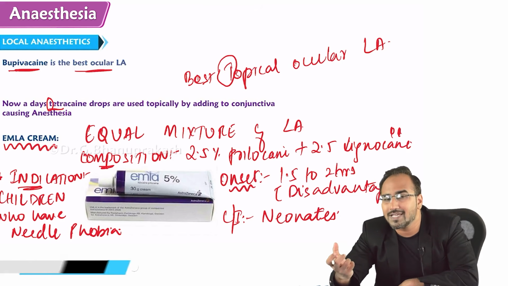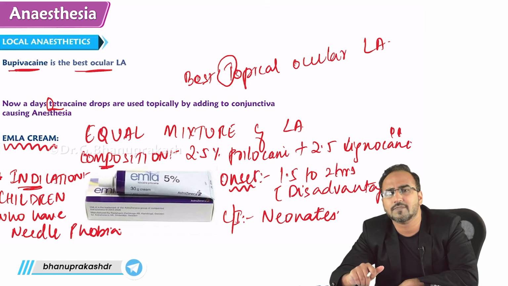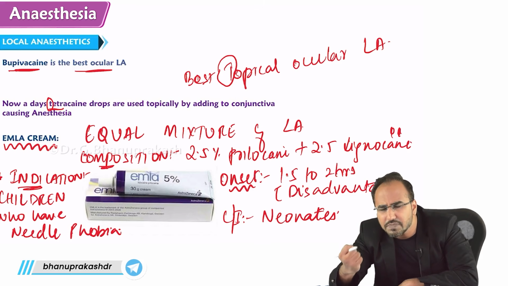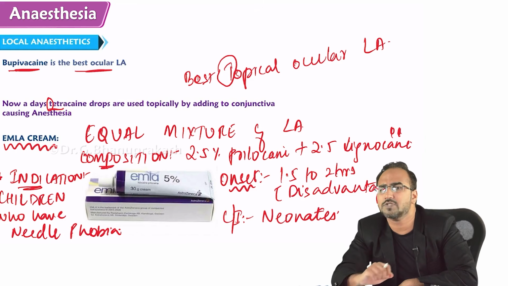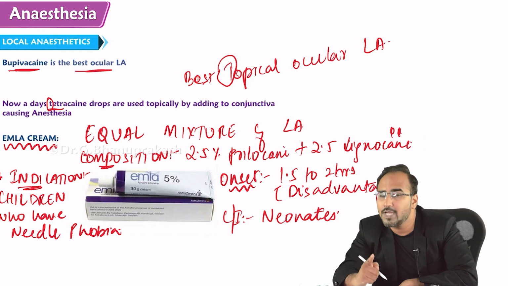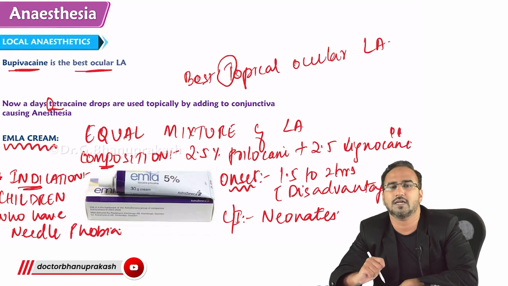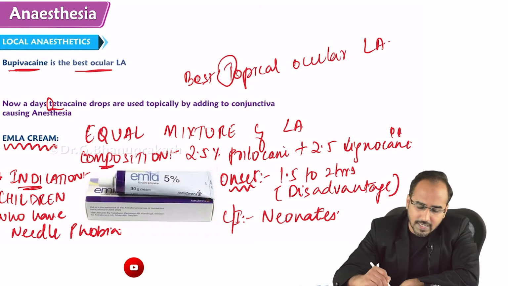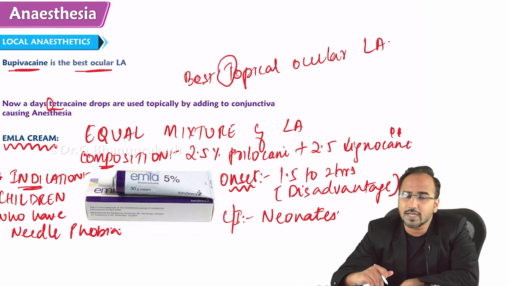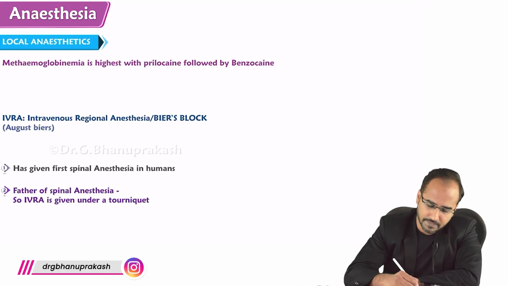The composition of EMLA is Lignocaine and Prilocaine. If you apply EMLA cream on neonatal skin, it can easily absorb the things. If Lignocaine gets absorbed, there is no problem. But if the Prilocaine gets absorbed, then the neonate will land up in the complication called methemoglobinemia.